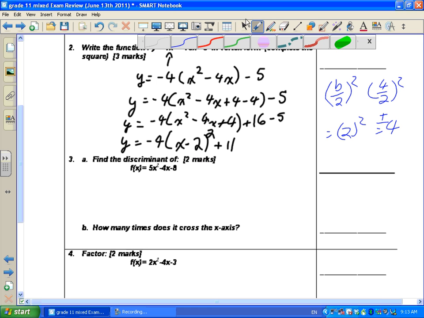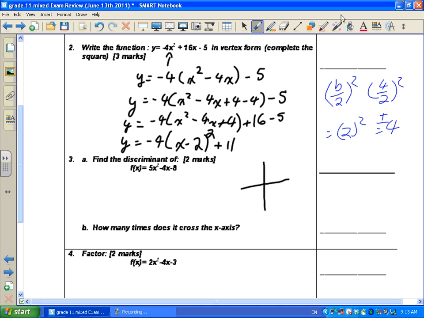Find the discriminant. Anyone remember the formula? Don't remember what the discriminant is, right? The discriminant is a number that tells you how many times a parabola crosses the x-axis.